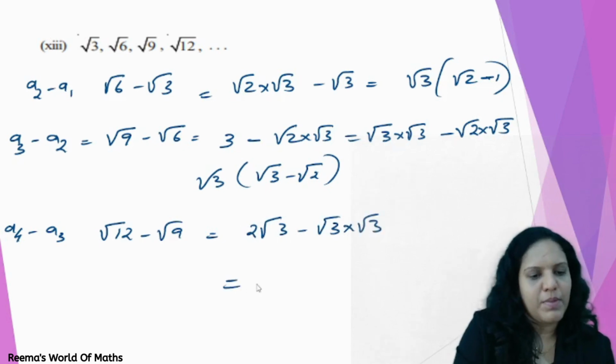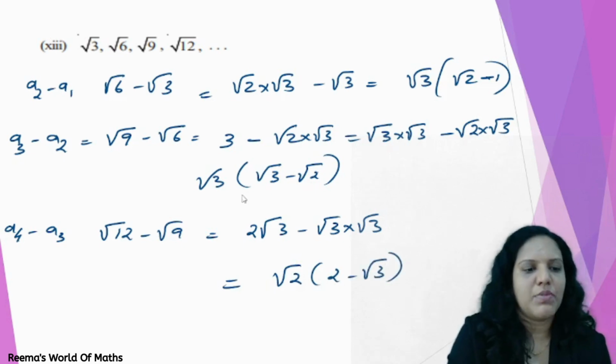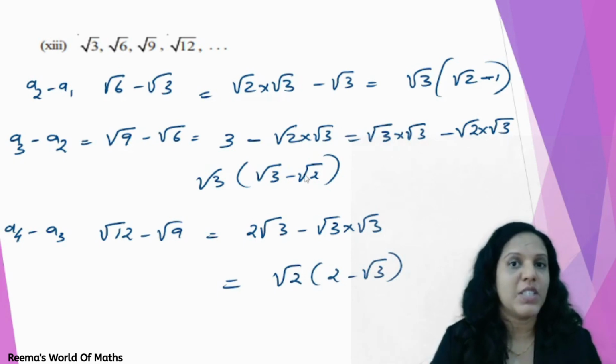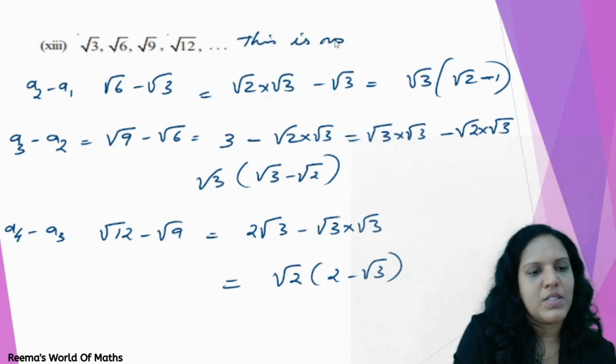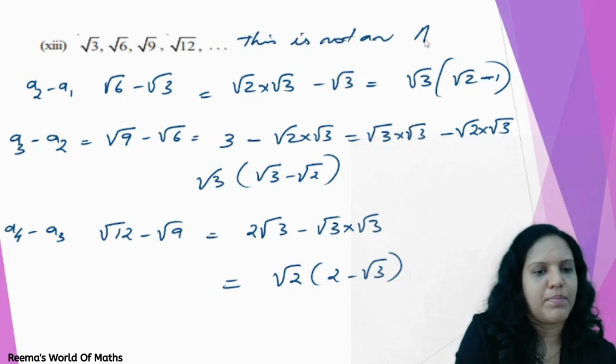So that will be square root of 3 multiplied by 2 minus square root of 3. So here we can see the differences between the consecutive terms are not common, not constant. So this is not an AP.